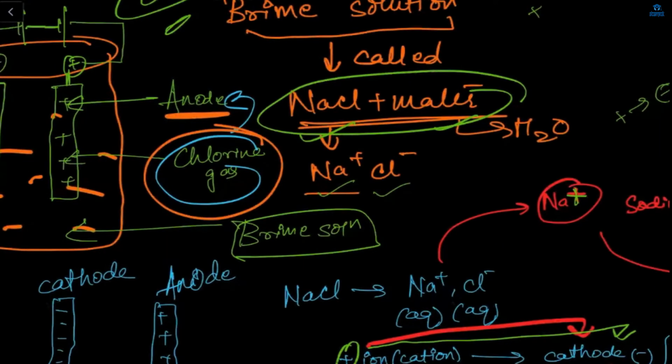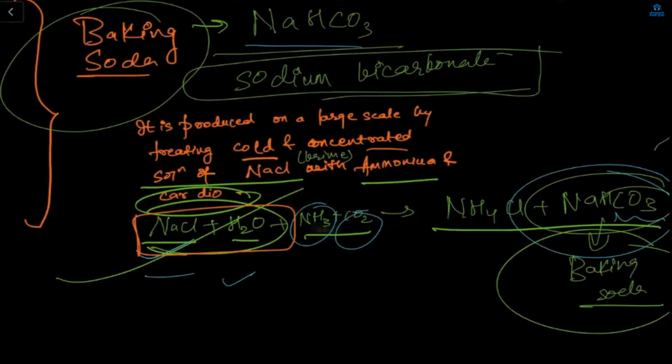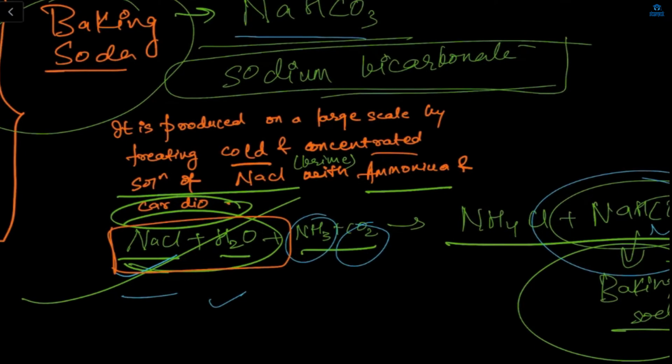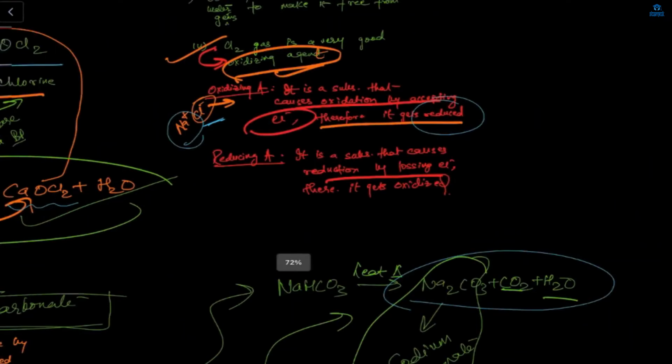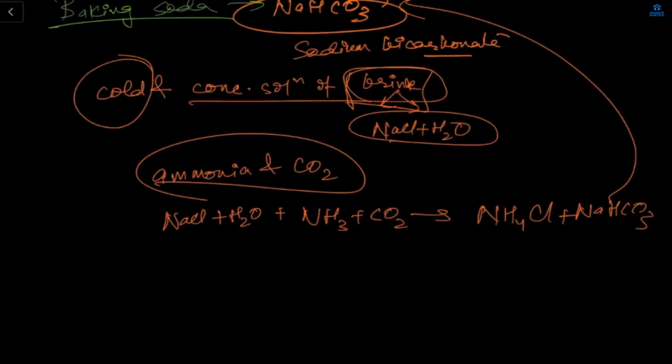See, brine solution is called what? NaCl and water. Water is H2O, NaCl is Na plus and Cl minus. That's why here I am writing that we are producing this on a large scale by treating brine solution with ammonia and carbon dioxide. It's very simple. Brine solution, just now I told you, is a combination of these two, the salt and water, and if we react this with ammonia and CO2, it will produce NH4Cl and NaHCO3.